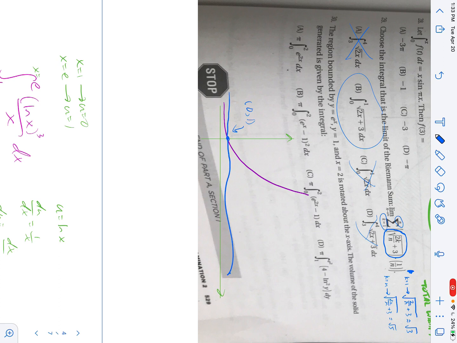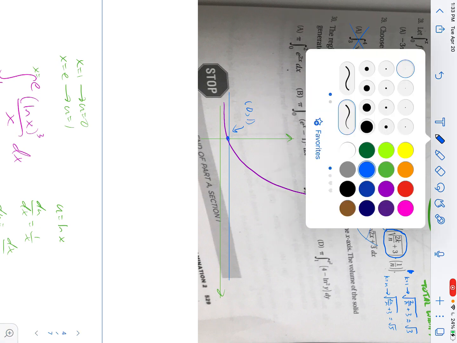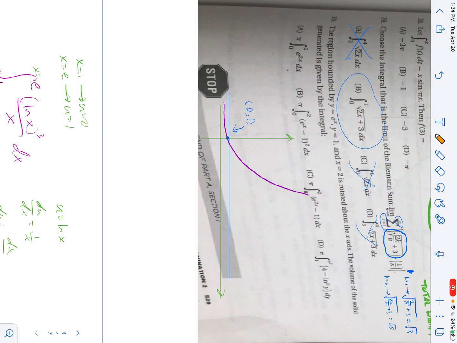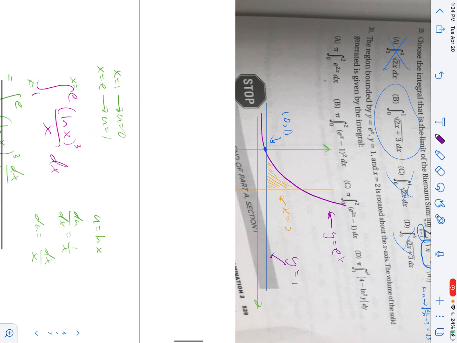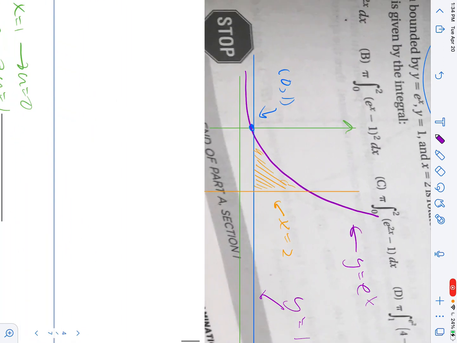So y equals 1 goes straight through there. And then x equals 2 is a vertical line like so. So we have this region here. This is y equals e to the x. This is y equals 1. And we're going to rotate that about the x-axis.